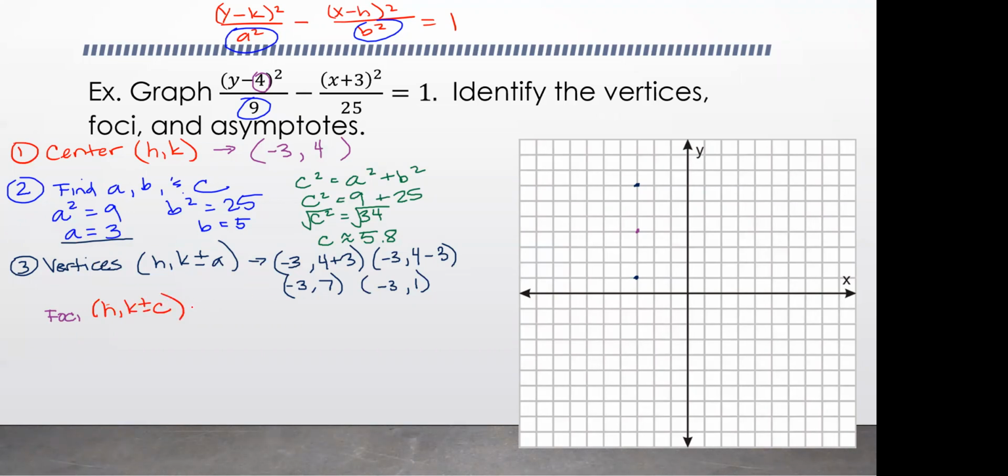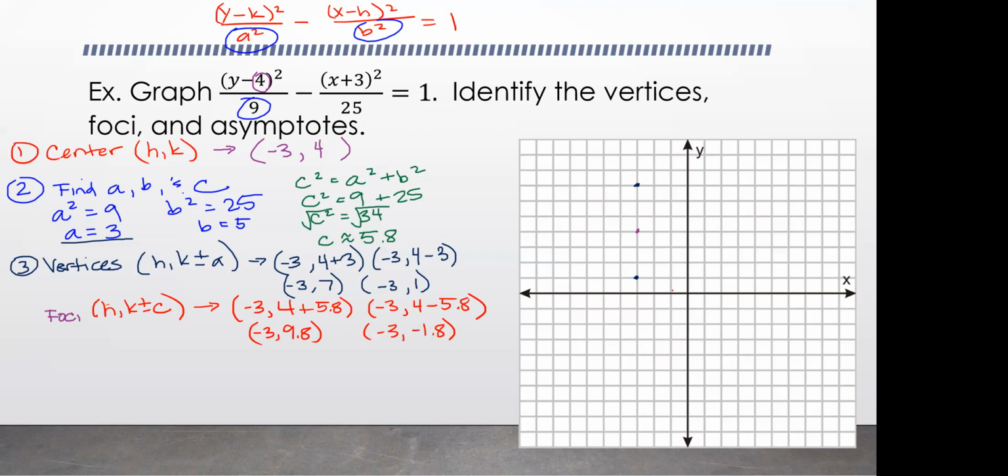So again, h is -3, k is 4, and then plus c, which we figured out was about 5.8, or minus c, which was 5.8. So this would be -3 and 9.8, and this would be -3 and -1.8.